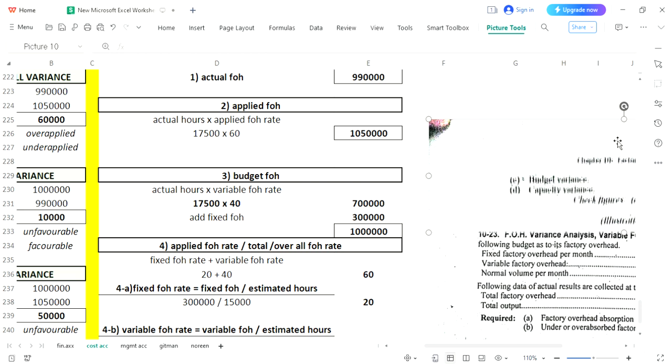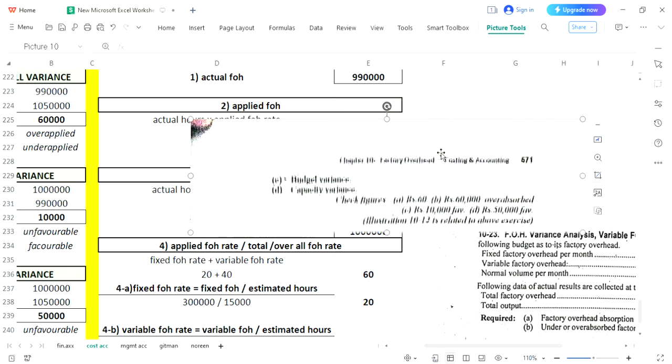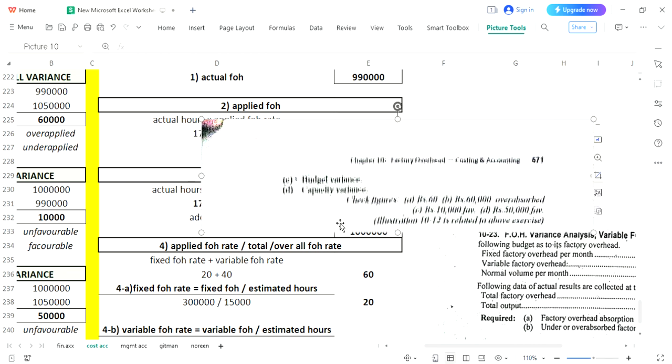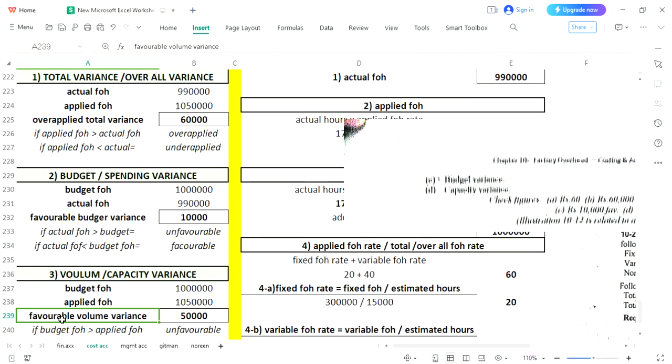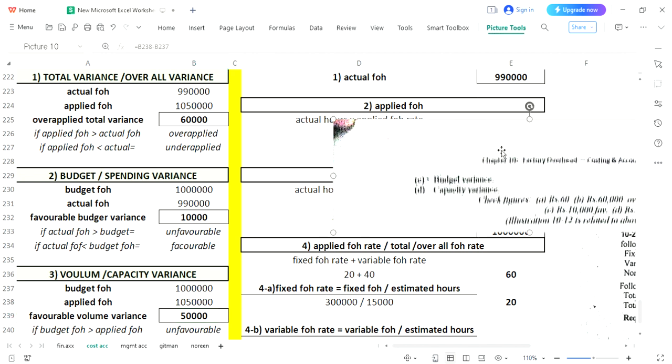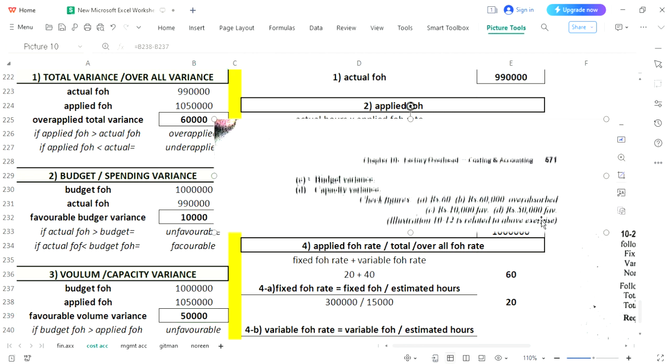Here was the last requirement, capacity variance. You can see the D requirement was capacity variance, and it is 50,000. And what we have done is, you can see 50,000 mentioned here, and we have concluded as favorable. So let's see what is over here. 50,000 favorable is also mentioned over here.